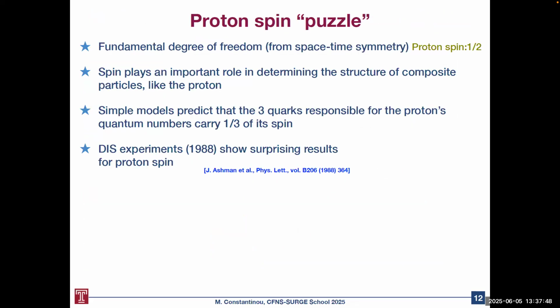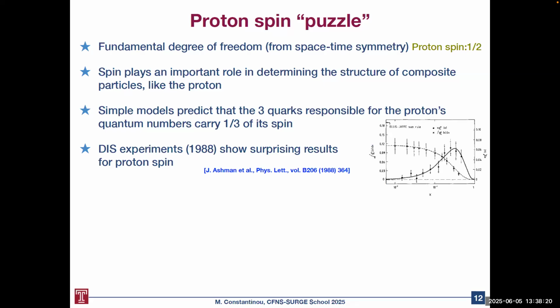Okay, proton spin puzzle. Maybe it's not puzzling to you, but it was certainly in the 80s. We know the spin of the proton is 1/2. According to quark models, that were very successful at that time understanding QCD, or they thought it was very successful understanding the hadron structure, they were expecting that the 3 valence quarks in the proton should carry 1/3 of the proton spin, and they did experiments and they found surprising results.